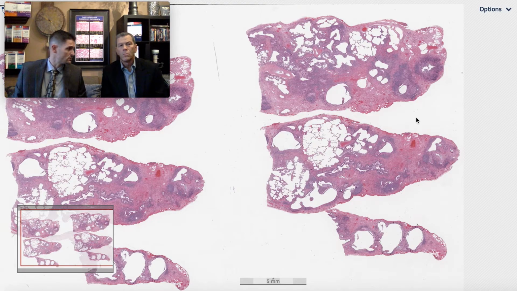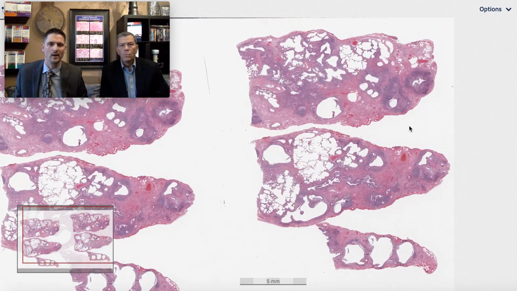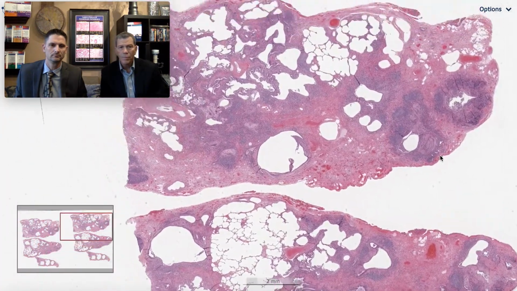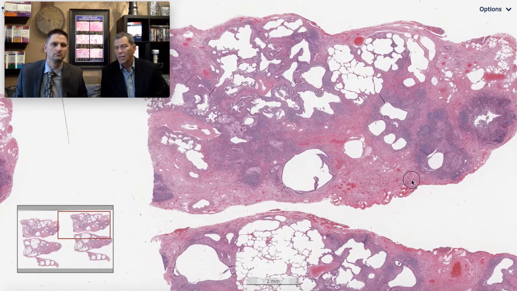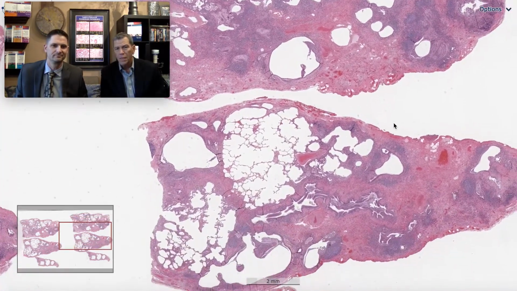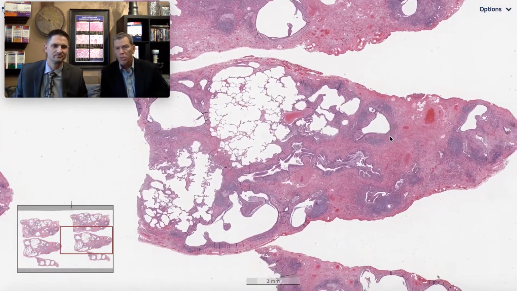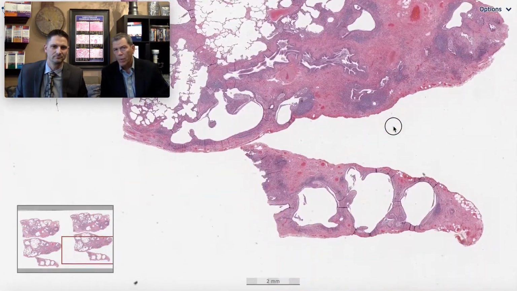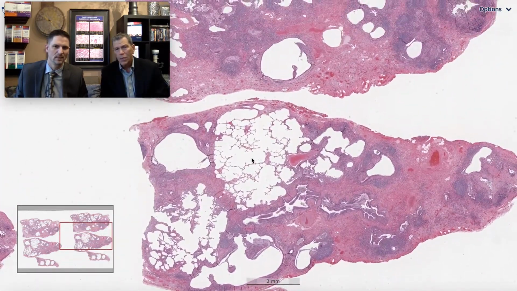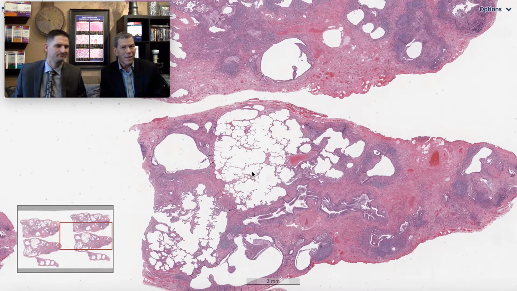And as far as our 6 basic patterns, Kevin, what are you thinking from this low power? Well, this biopsy is a mess, obviously. There's way too much solid stuff here. This should all be a beautiful, wispy alveolar parenchyma with a little bit of pleura. Exactly.